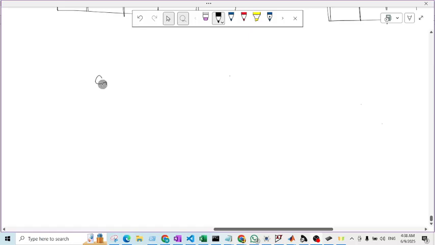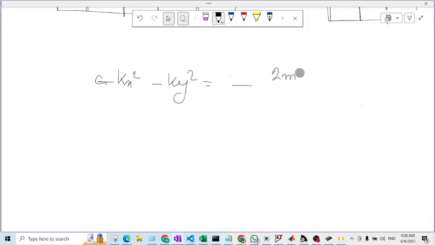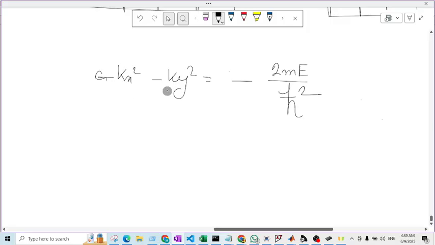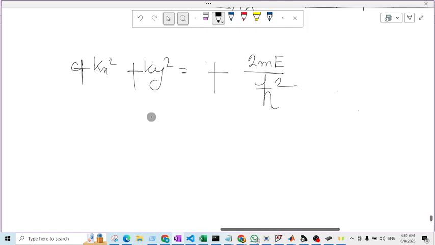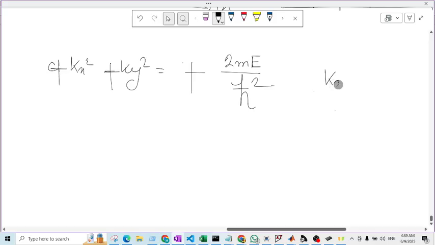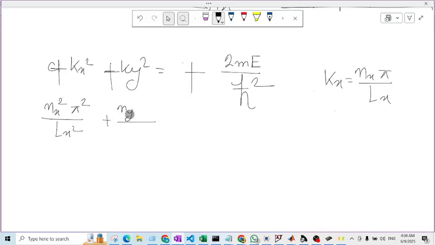Okay, so minus kx square minus ky square is equal to minus 2mE divided by h bar square. Let me multiply by plus 1. And if you remember that we have kx is equal to nx pi by lx, so here nx square pi square divided by lx square, again ny square pi square divided by ly square, equals 2mE divided by h bar square.